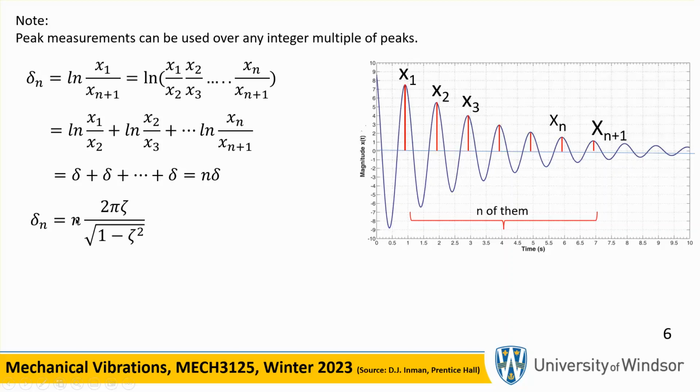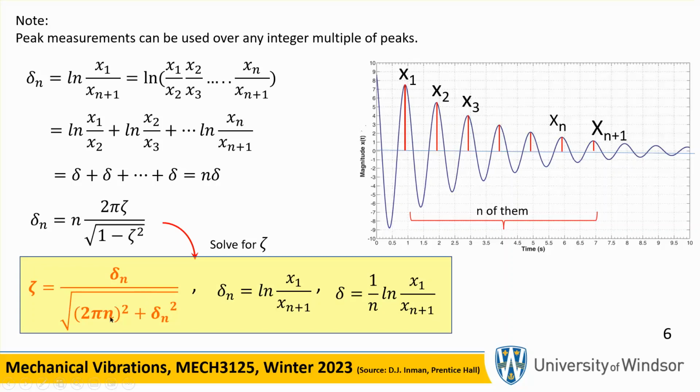So if you know how many peaks you are taking, n of them, and you measure between x1 and xn plus 1, find the natural log of the ratio of them, then you solve it out of this equation. Solve for zeta. The previous slide was when we took only one reading. So this was delta, n was 1, and you got exactly what we had a minute ago.